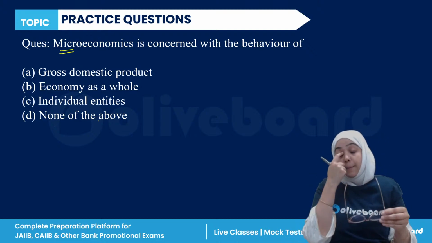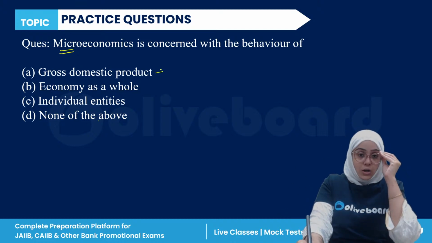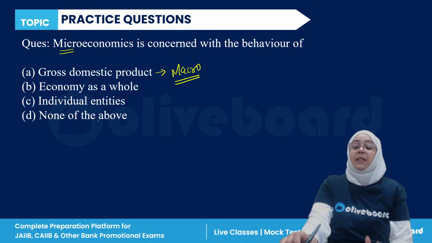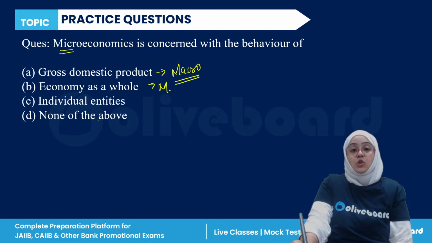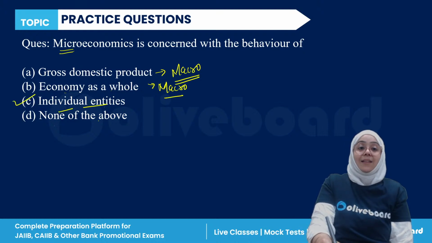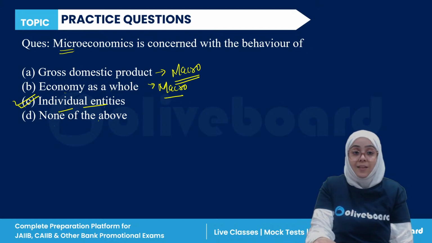GDP is actually macroeconomics because it deals with the nation as a whole. Economy as a whole is the definition of macroeconomics, right? Individual entities is microeconomics. All of you are correct. So the correct answer is C.